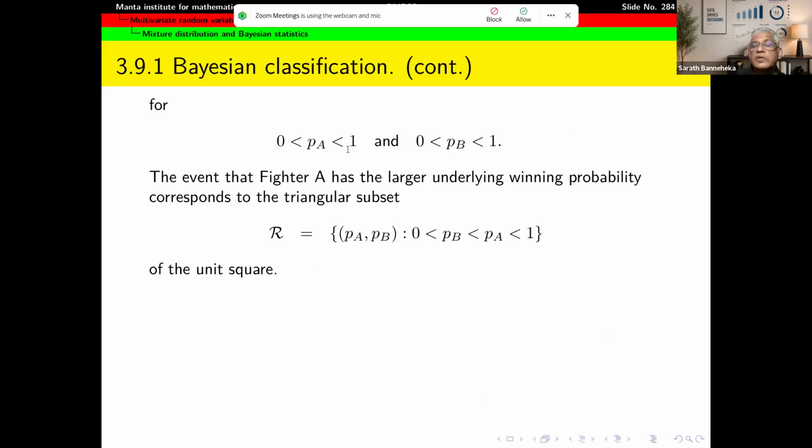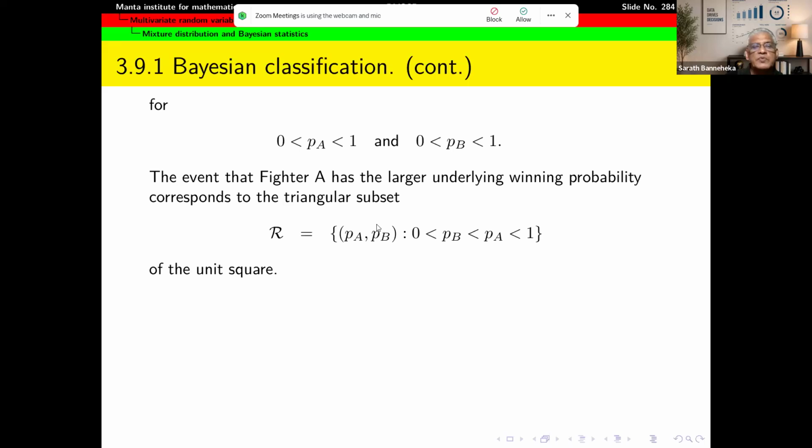These are the general restrictions for PA and PB independently. So the domain, not actually the support, will be the square. But now we are looking at the volume under this region, the set of PA, PB values such that PB is less than PA, and both are between 0 and 1.